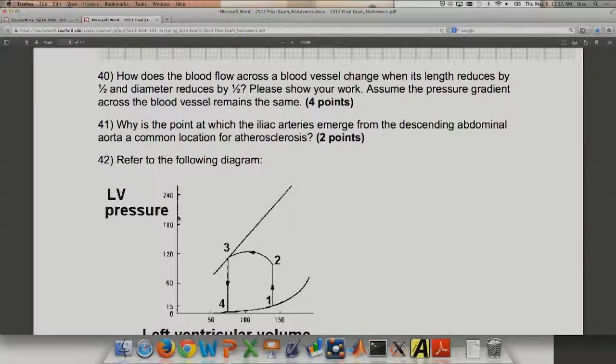So you said it's diameter by half. The equation has radius, and it's r to the 4, not r squared. It's r to the 4 at the denominator. So halving L decreases the resistance twofold. The diameter decreasing by half increases the resistance 16-fold.